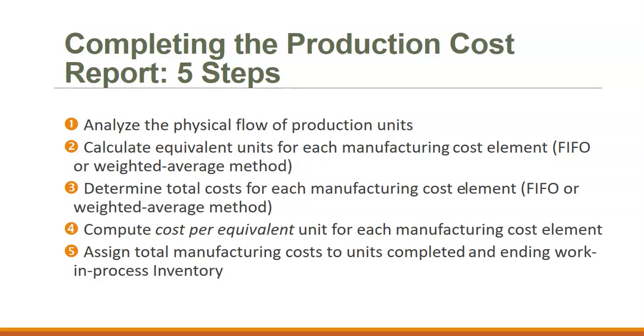We then use those numbers to calculate our equivalent units for each manufacturing cost element, and we will use either the FIFO or the weighted average method. We'll be learning both methods in this chapter. We then determine the total cost for each manufacturing cost element and use that to compute our cost per equivalent unit. We assign total manufacturing costs to units completed and the ending work in process inventory.